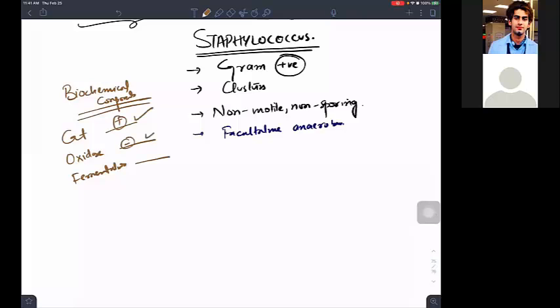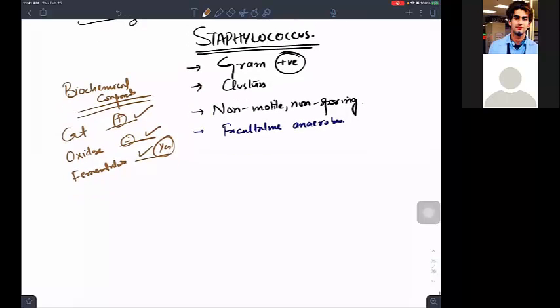Oxidase they are negative, that is also okay. And fermentation, yes. Are we able to understand? Because we have written facultative anaerobes. Is there any doubt? No doubt with you.